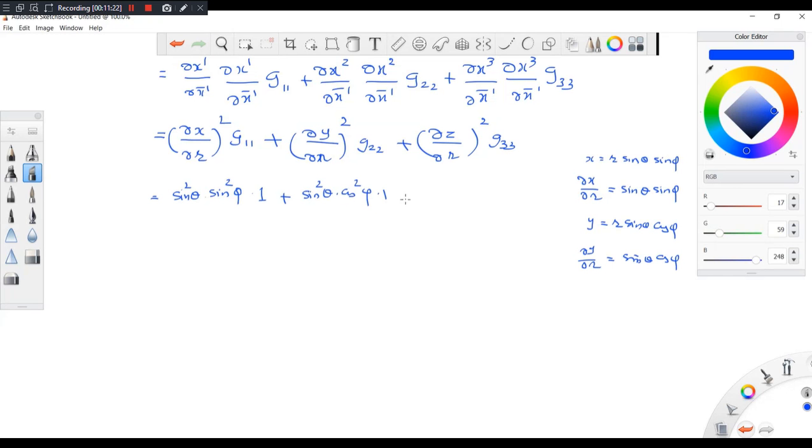That is nothing but ∂xi/∂x̄2 ∂xj/∂x̄2 gij. So this also you can sum it up. When you sum it up, ∂x1/∂x̄2 ∂x1/∂x̄2 g11 plus ∂x2/∂x̄2 ∂x2/∂x̄2 g22.